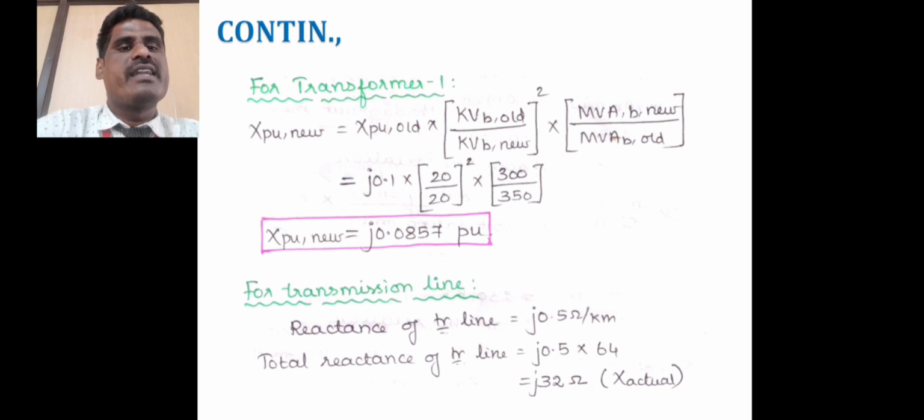So, finally, we get the new impedance value for transformer 1, XPU new equal to j0.0857 per unit.